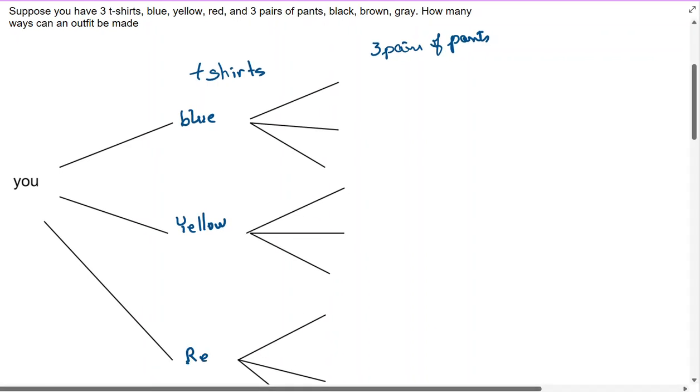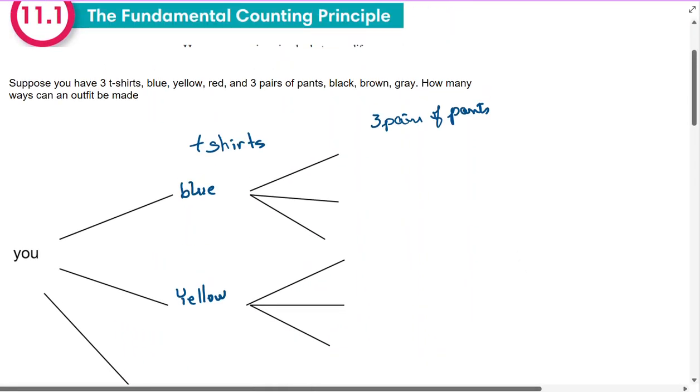And the pants are black, brown, and gray.